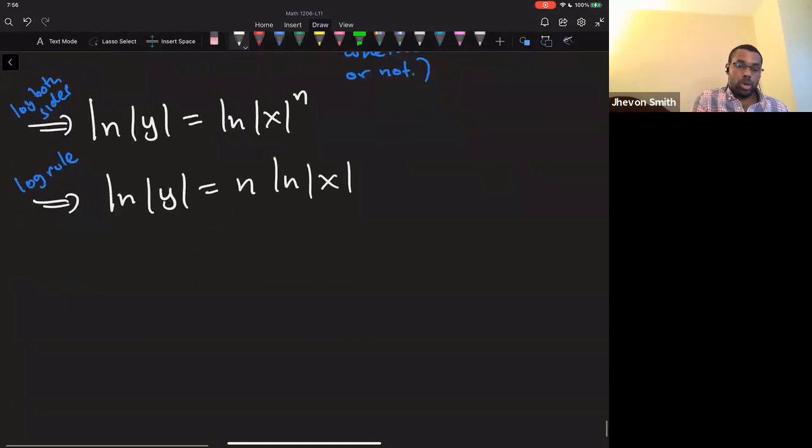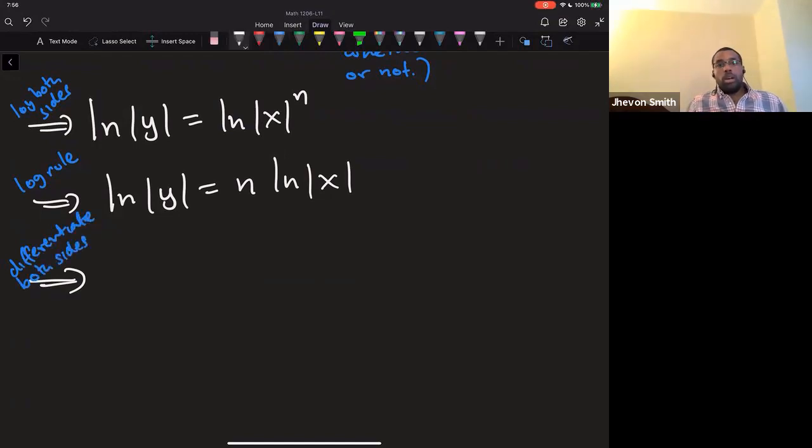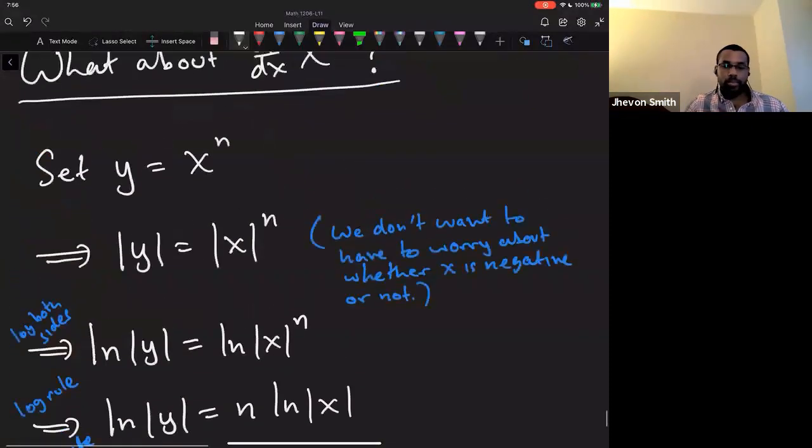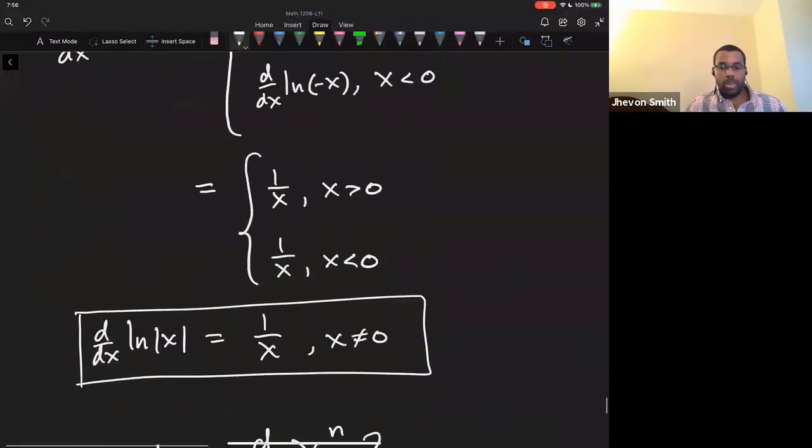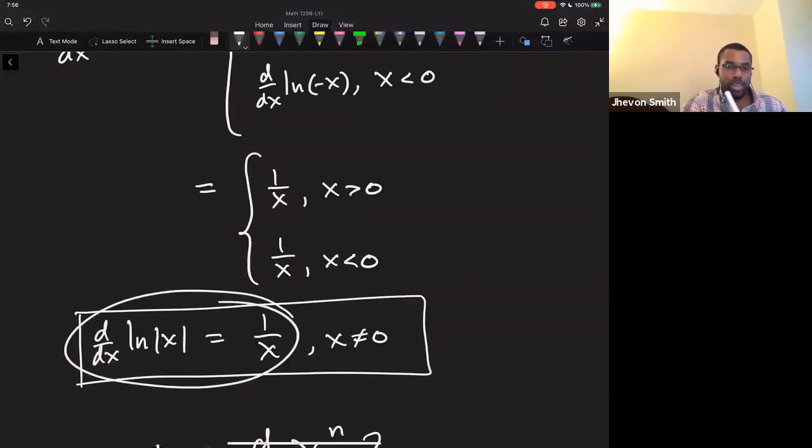Now what we're going to do is we want to differentiate. So we're going to differentiate both sides. All right, so ln of the absolute value of y. Remember the derivative of ln of the absolute value is just 1 over the thing, right?